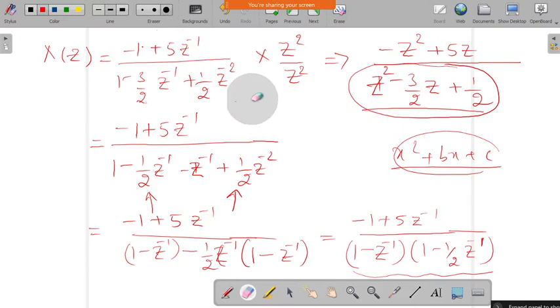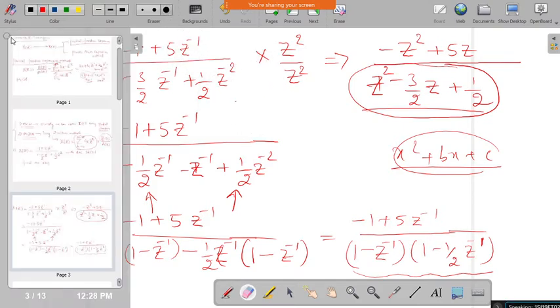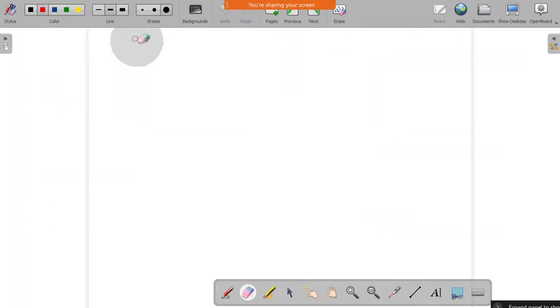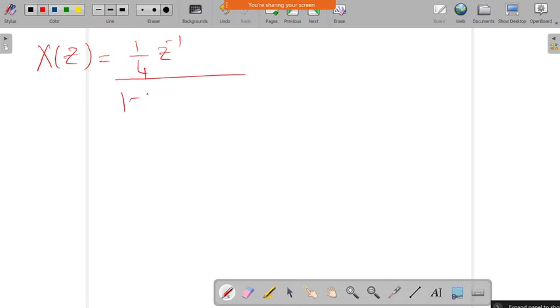Yes, sir. Okay. So now try to do this one, another one, so that you can get the practice. X of z is equal to 1 by 4 z inverse divided by (1 minus 1 by 2 z inverse) into (1 minus 1 by 4 z inverse).